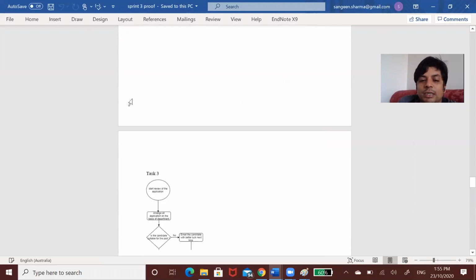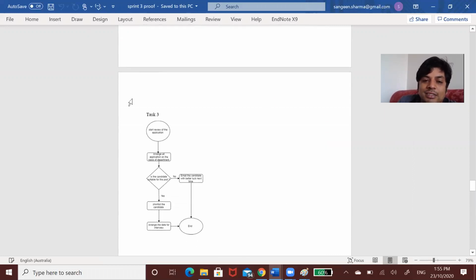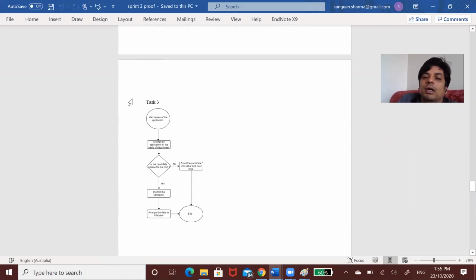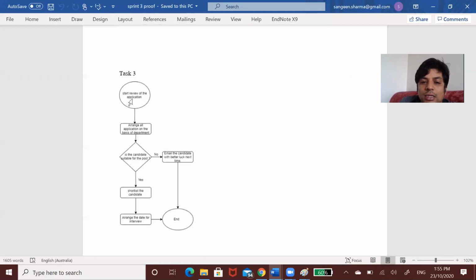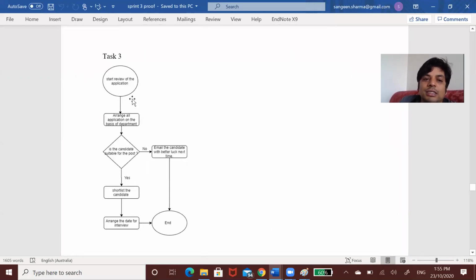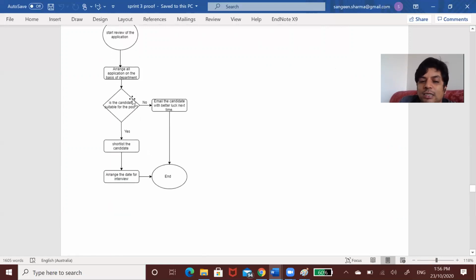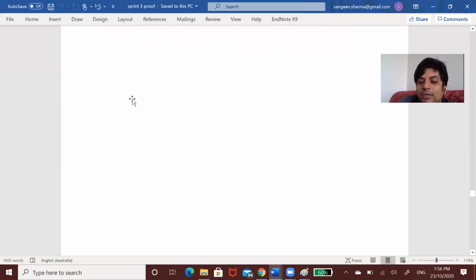And in sprint 3, one task was how the recruitment process goes in the HR section. It starts with the review of the application, arranging applications, selecting and shortlisting the candidates, arranging the date of the interview, and then the interview is taken.